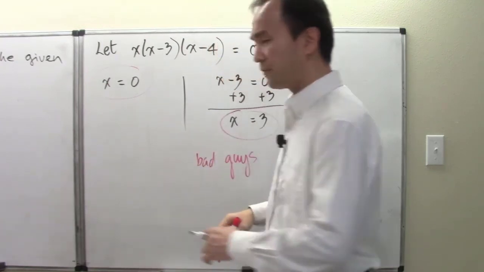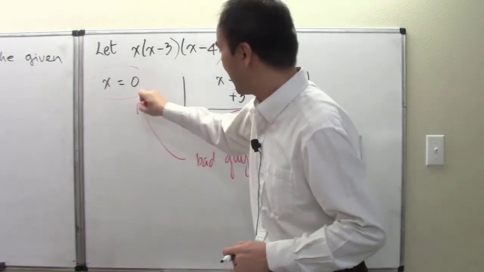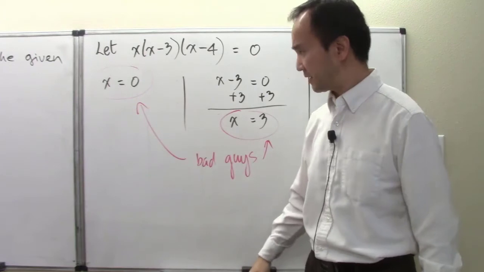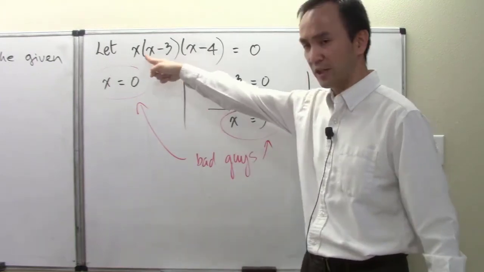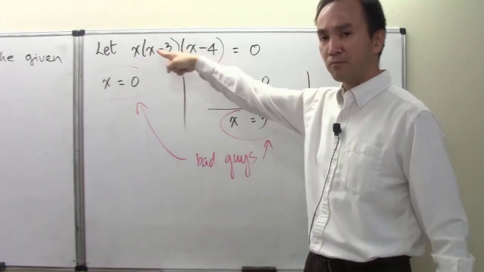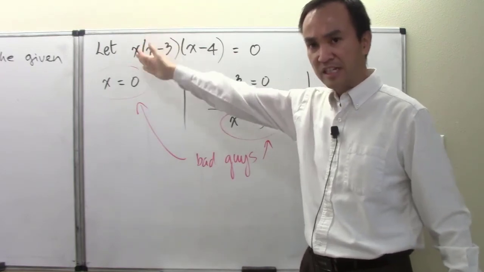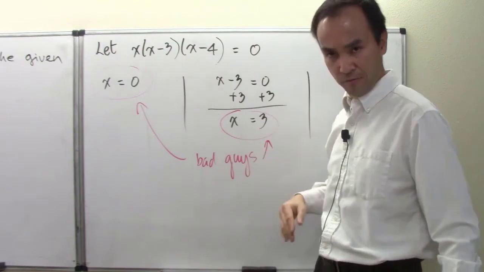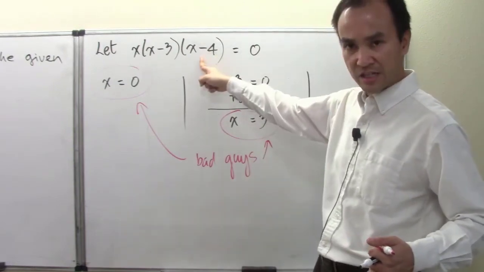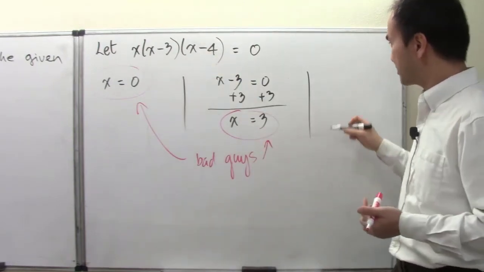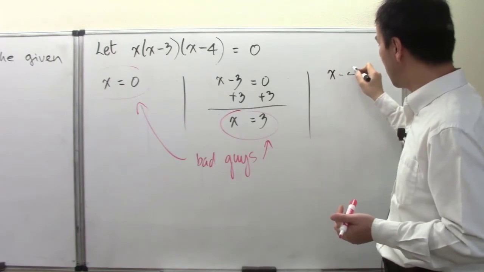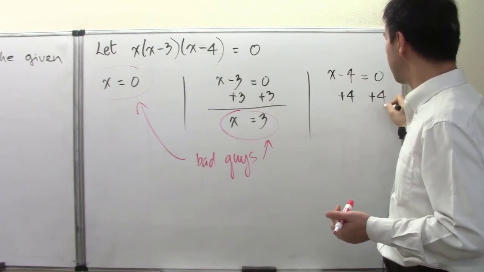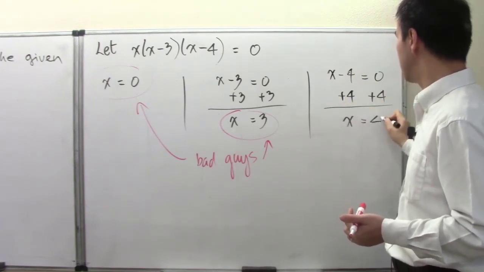Will we be able to find some more? We've learned from our polynomial lesson that as long as we completely factor our polynomial, the number of distinct linear factors gives us that many zeros. So we have another distinct linear factor, x minus 4. Setting x minus 4 equal to 0 and adding 4 to both sides gives x equals 4.